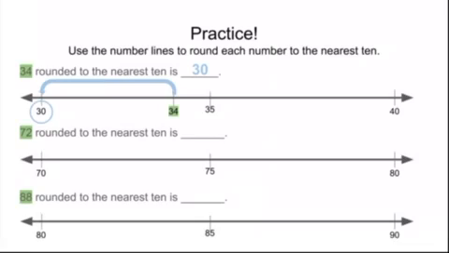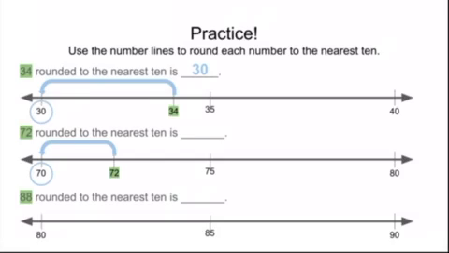Next, 72. 72 is also less than 75. So it is going to do what we call round down to the previous 10, okay? So 72 is closer to 70, so you would say 72 rounded to the nearest 10 is 70.